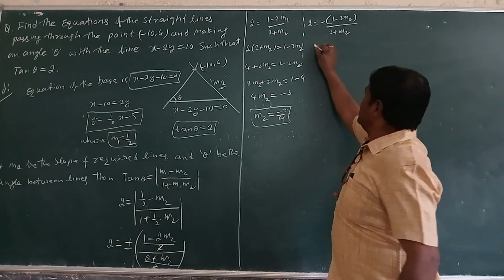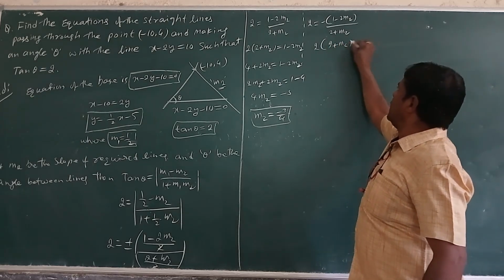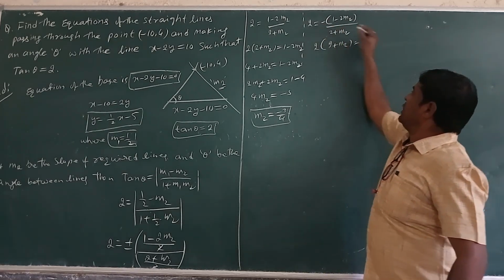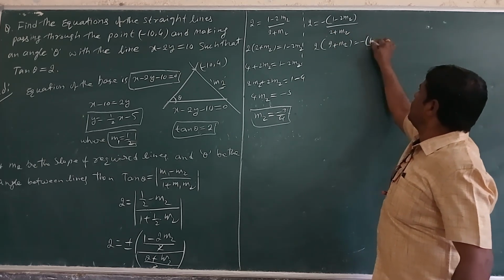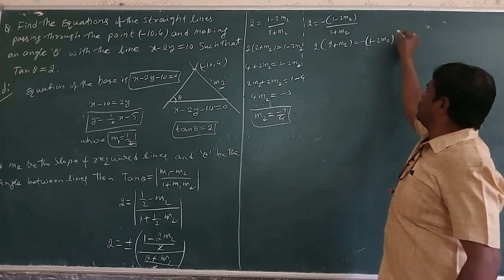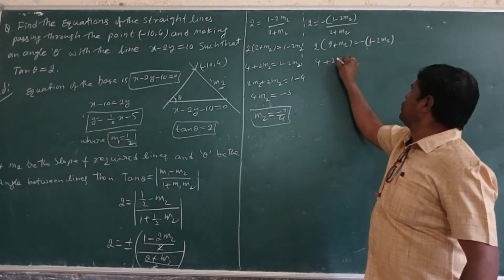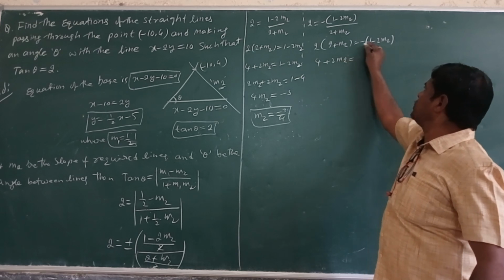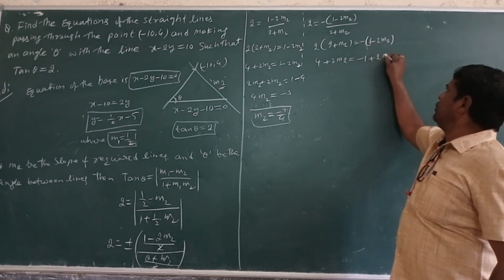Second case: 2 of (2 plus m2) equals minus of (1 minus 2m2). 2 into 2 is 4, 2 into m2 is 2m2, equals minus 1 plus 2m2.